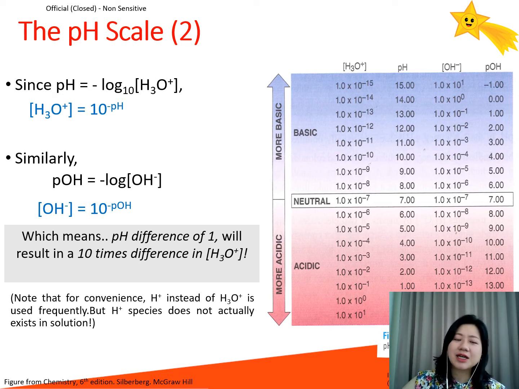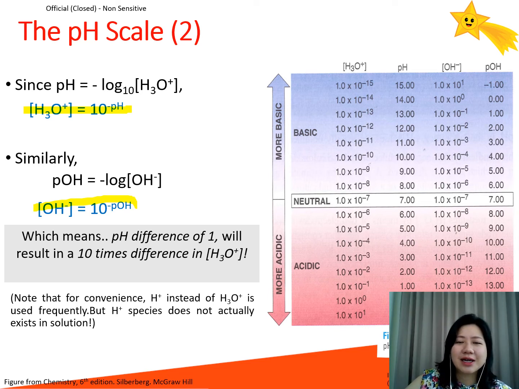But what if you are given a pH value and need to calculate H3O+ concentration? Taking the anti-log of both sides, you will get the equation H3O+ equals 10 to the power of negative pH. Similarly, if you are given pOH value and need to calculate OH-, you can use the equation OH- concentration equals 10 to the power of negative pOH.